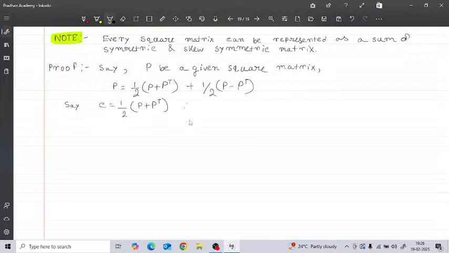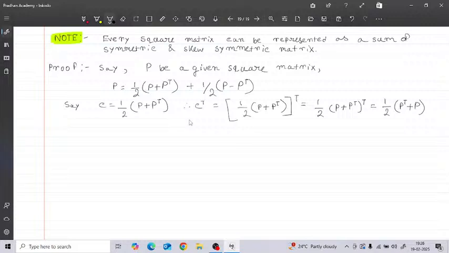Say C equals half of P plus P transpose. Let's take the C transpose. Transpose has no effect on the scalars, so half will be taken out. Half of P plus P transpose, transpose, equals half of P transpose plus the transpose of P transpose, which is again the P matrix.